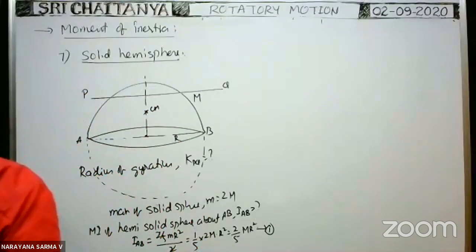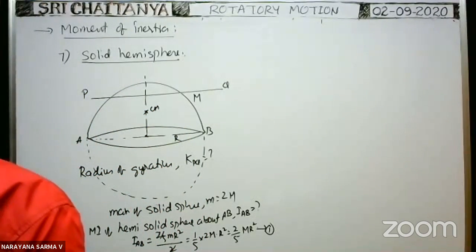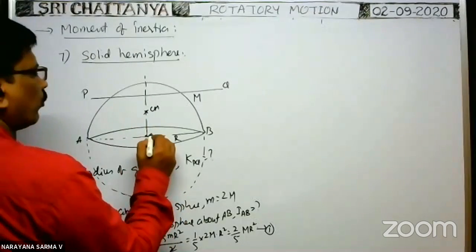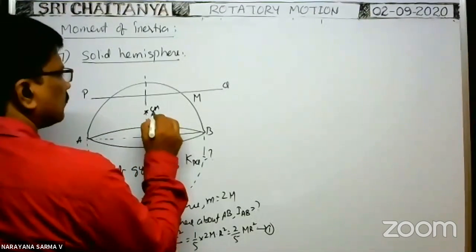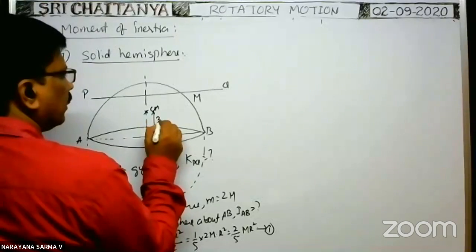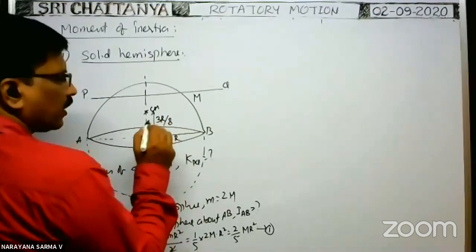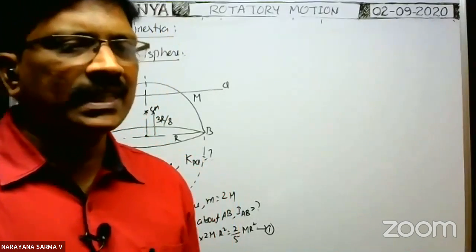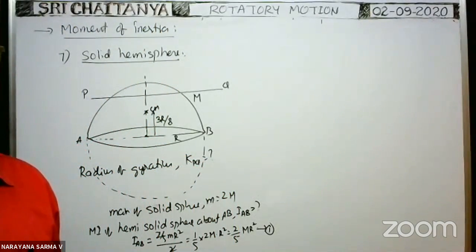In the case of a hemi-solid sphere, at what distance does the center of mass lie from the center? 3r/8, very good. In the case of a hemi-solid sphere, the center of mass lies at a distance 3r/8 from the center of the hemi-solid sphere.